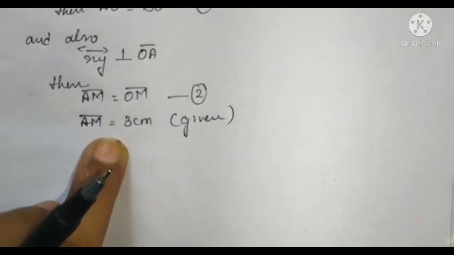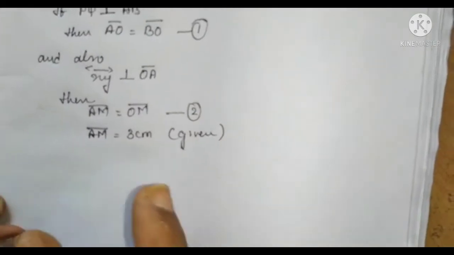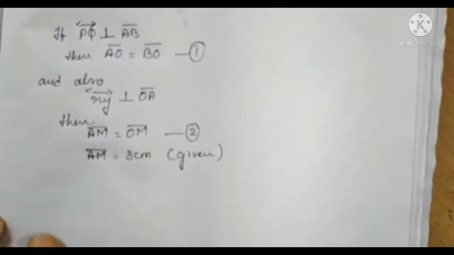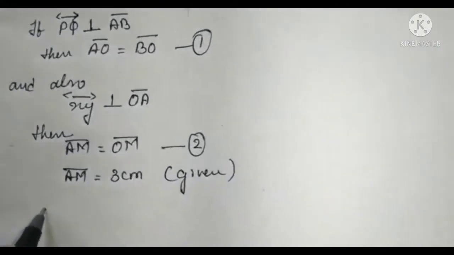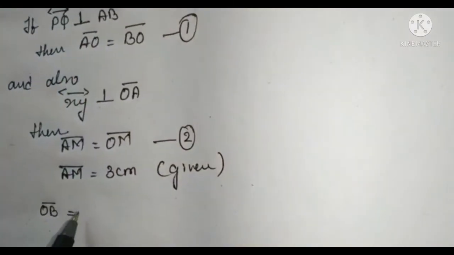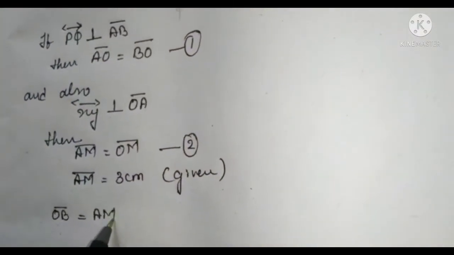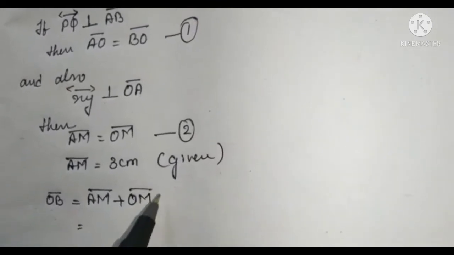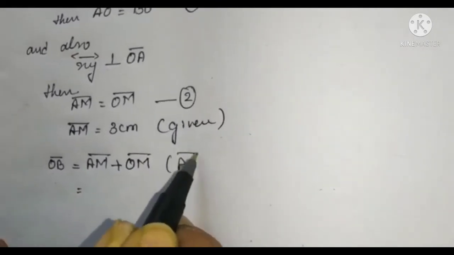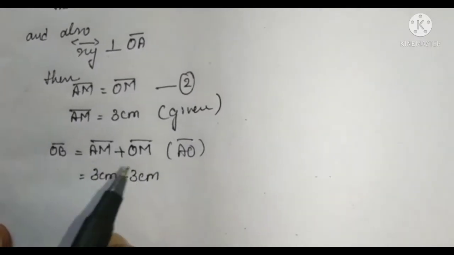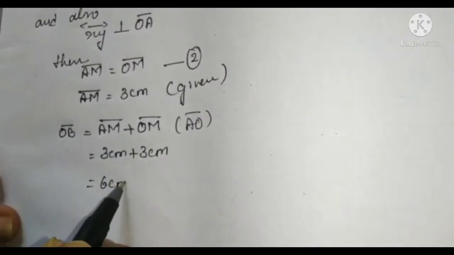Now find OB and AB. How can we find OB? OB equals, we know, AO. AO equals what? AM plus OM, which is AO. AM equals 3 centimeters plus OM equals 3 centimeters, which equals 6 centimeters.